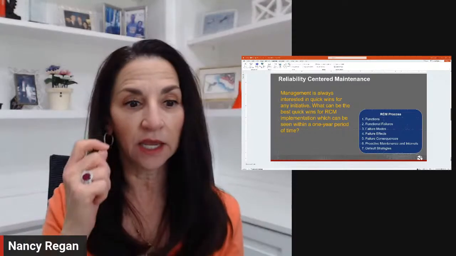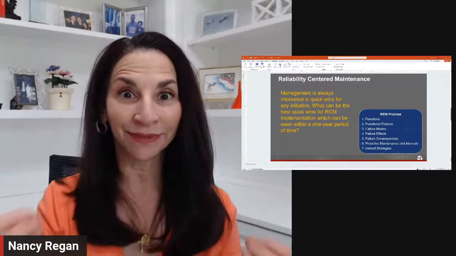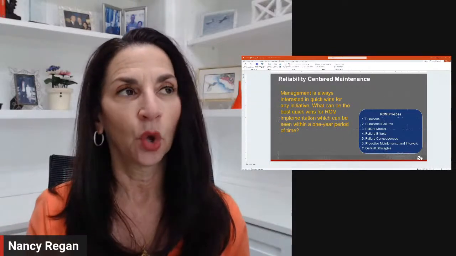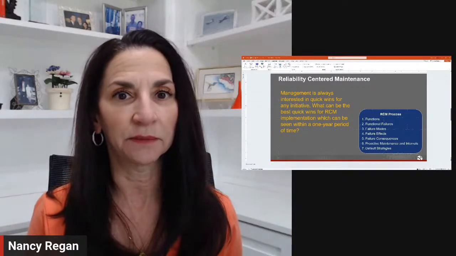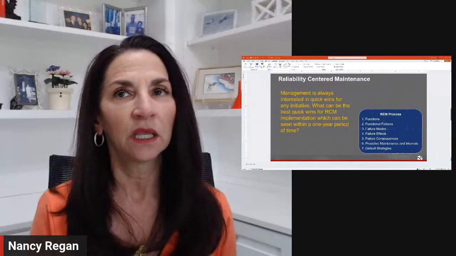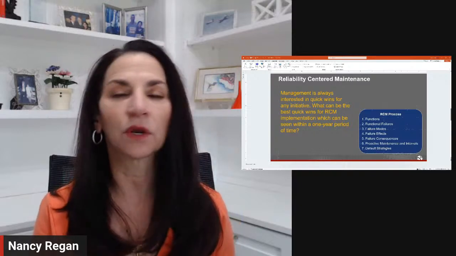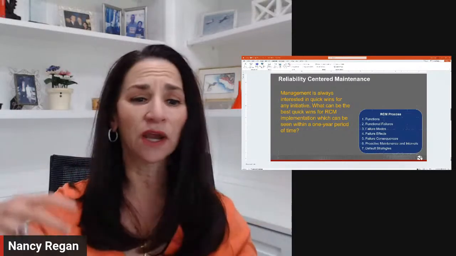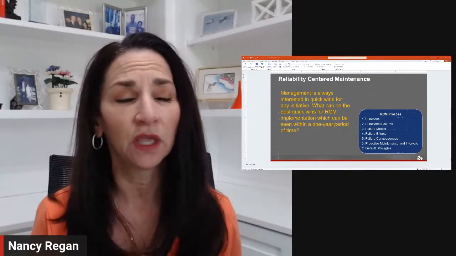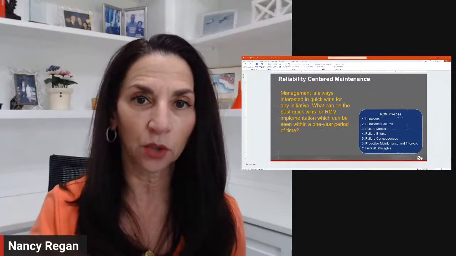A lot of times technicians and operators get blamed for a lot of stuff, when oftentimes it's because we didn't give them what they needed. We didn't properly train them, or maybe they don't have the right tools. Maybe they're trying to find workarounds for stuff. So there you go. Those are a couple of ways that you can get quick wins.